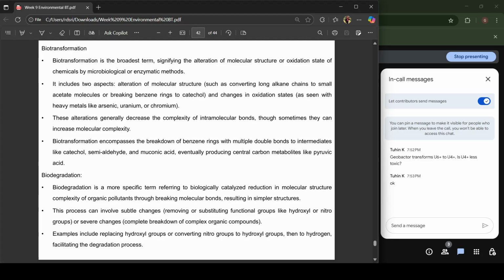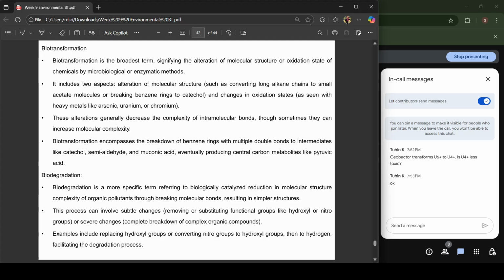When we talk about biotransformation, this alteration in the molecular structure or oxidation state is brought about by microbiological or enzymatic methods. It includes two aspects: alteration of molecular structure and change in oxidation state.